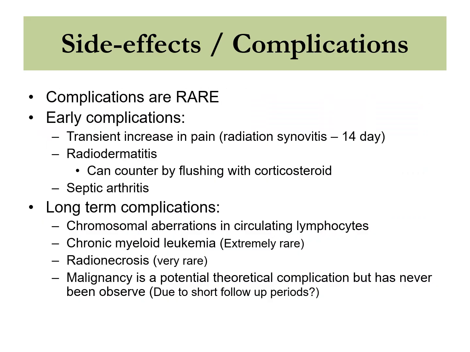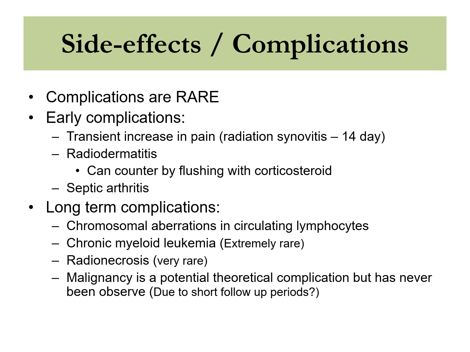So these are the side effects and complications. They are quite rare. The early complications are a transient increase in pain, radiation synovitis within 14 days, and radiodermatitis. It can be countered by flushing with corticosteroid. Then there is septic arthritis.